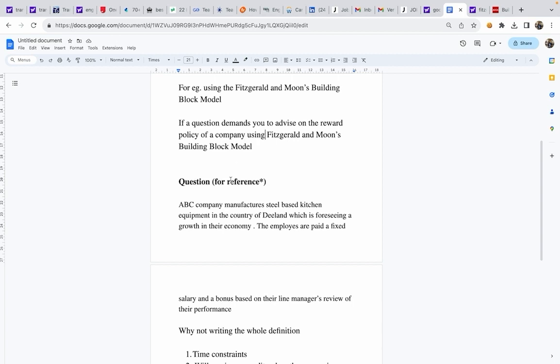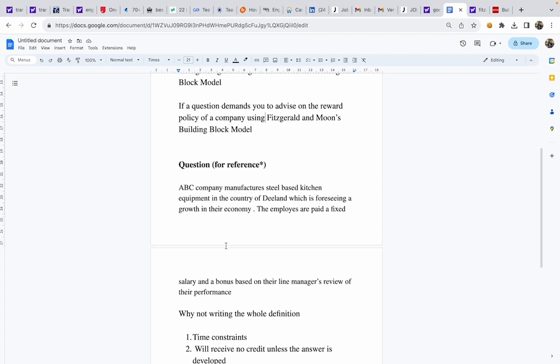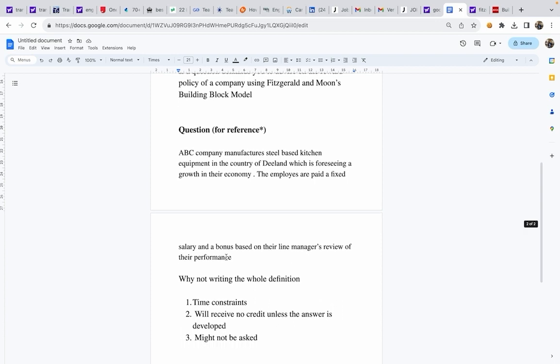But again, why I do not suggest, and why any teacher or professor you go to won't suggest, writing the definition is that unless there's a requirement in one of the appendices, or it's an embedded requirement. What is an embedded requirement?